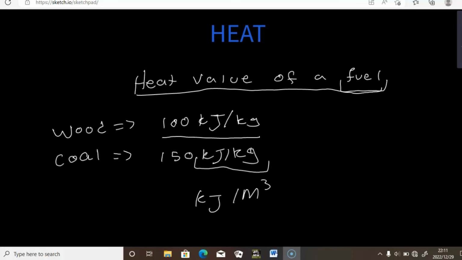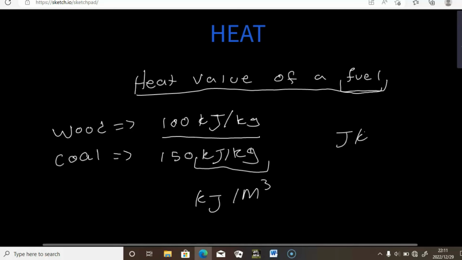And that is what I had for this video. And something I forgot to mention is that the SI unit for specific heat capacity is also joules per kg. It's kilojoules or joules per kg. That is for specific heat capacity.